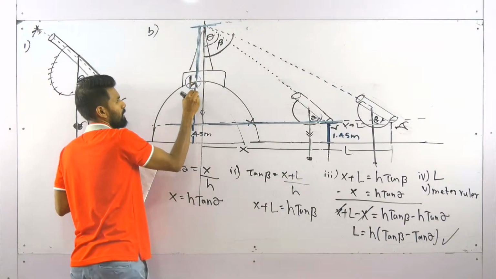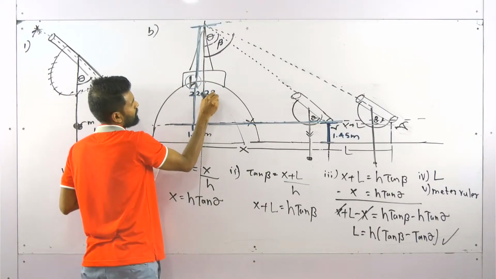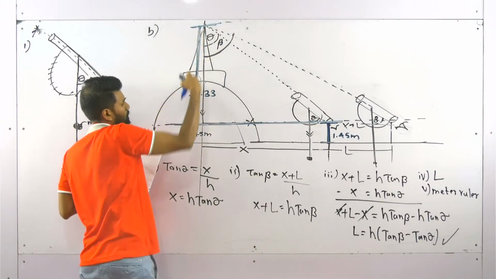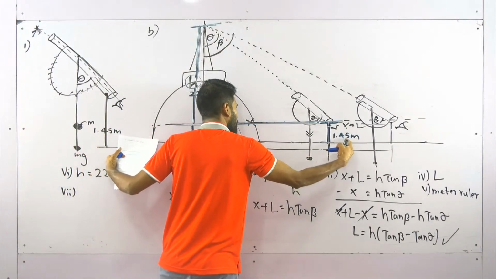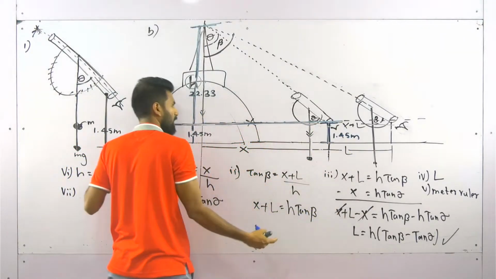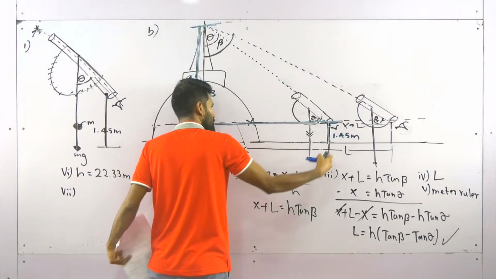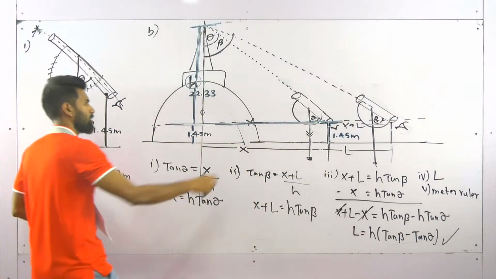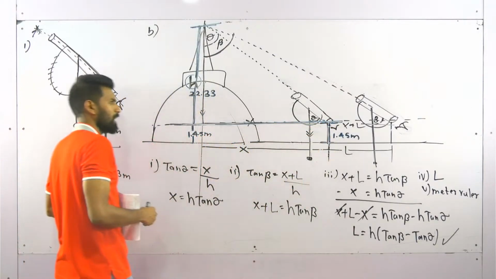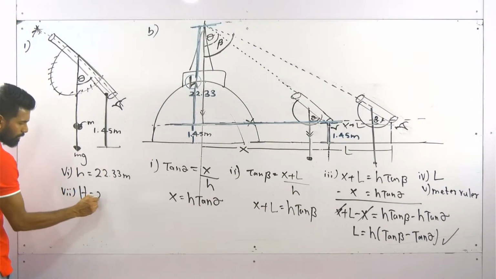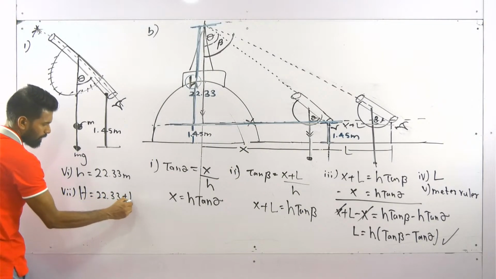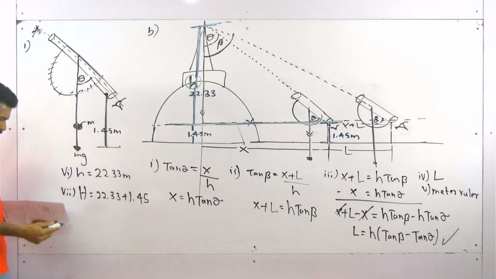So h, if it is 22.33, is from the top to this point. From there, you have another downward distance of 1.45 meters related to the length of the support to which the inclinometer is attached. So height of the diagram, capital H, is 22.33 plus 1.45. Then we will get the answer 23.78.